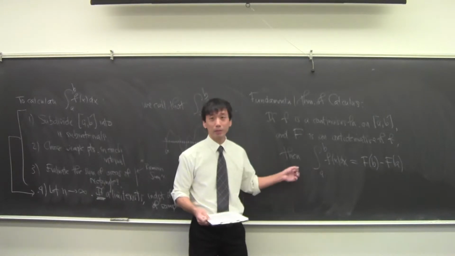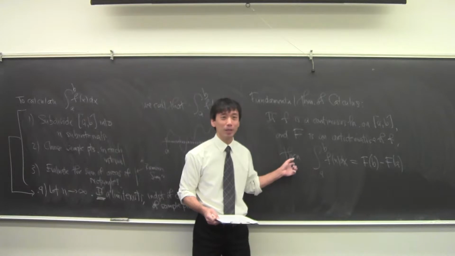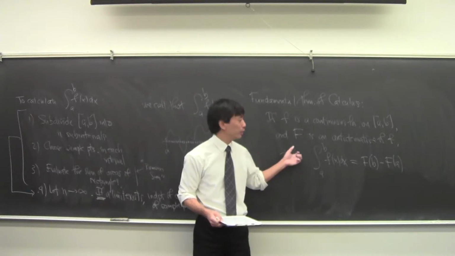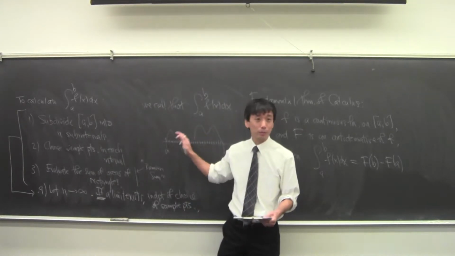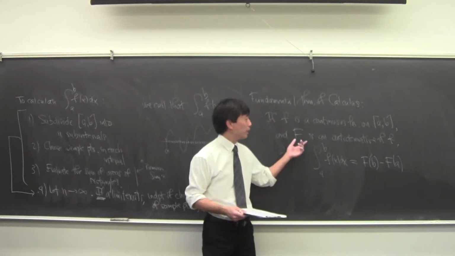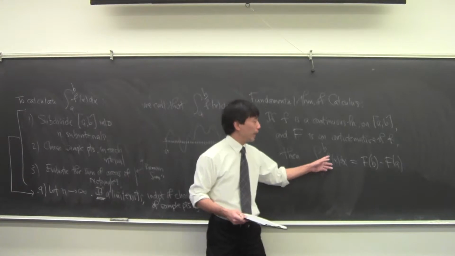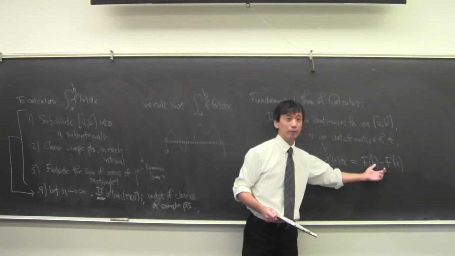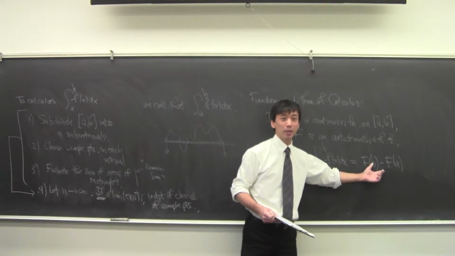Okay, so you should think of this as almost a miracle, because it allows you to avoid doing this Riemann sum stuff, taking limits, whatever. All you have to do is find an antiderivative and then just take the difference of the antiderivative at the endpoints. And that's it.